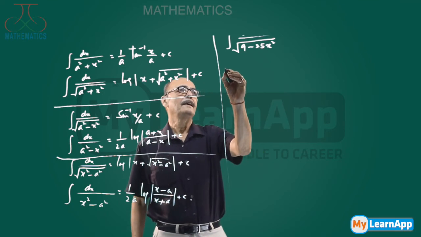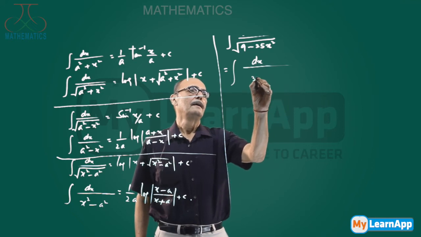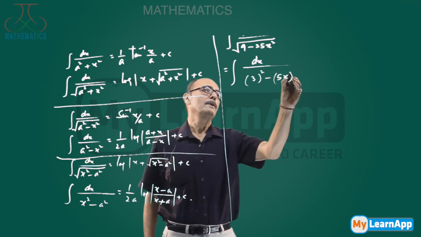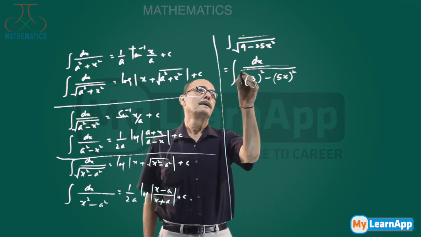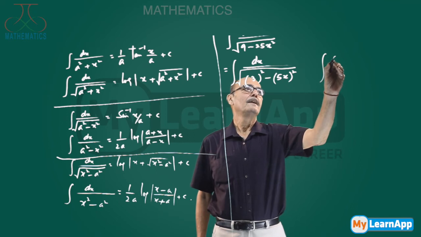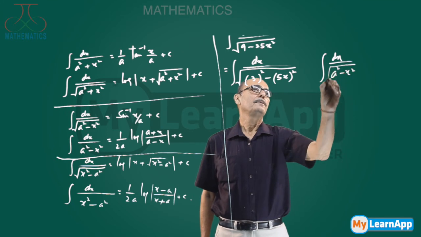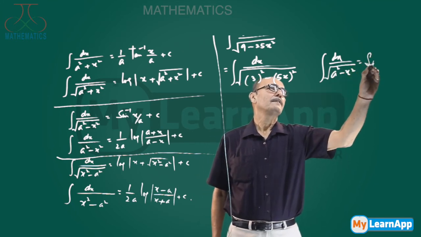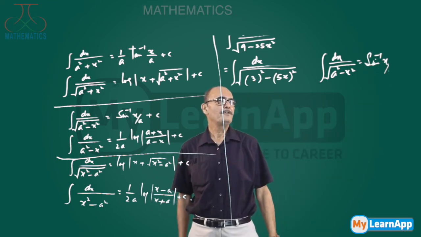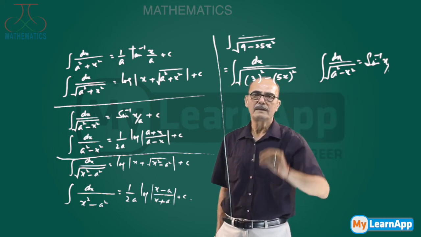I can write the result as integral dx upon under root 3 square minus 5x square. If you compare with this result, integral dx upon under root a square minus x square, this is sine inverse x upon a. Instead of a square we have 3 square, and instead of x square we have 5x square.